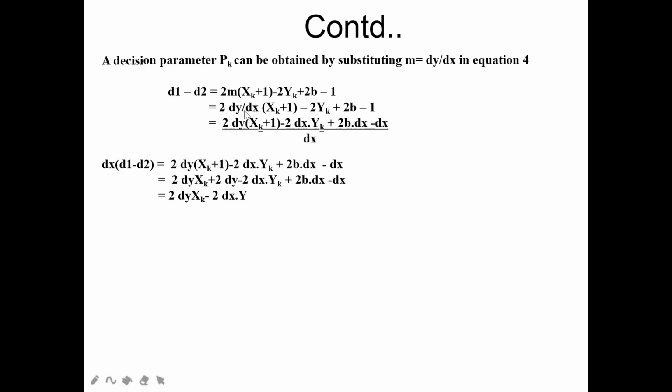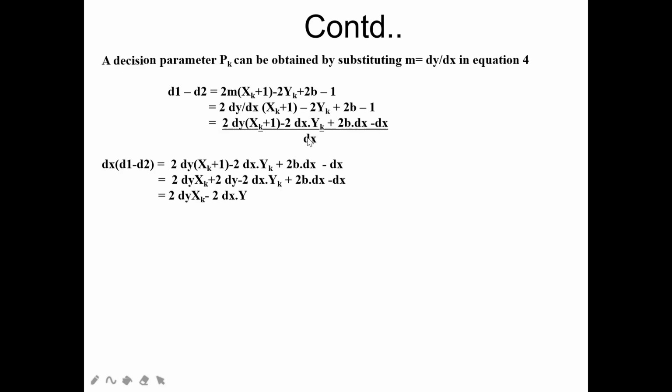When I started multiplying, from here this dx will get cancelled. Then 2 dy into xk plus 1. Then this minus sign to this minus sign. Then here you directly multiply dx, so 2 into dx into yk plus. Again you have to multiply the dx with this, so 2b dot dx.